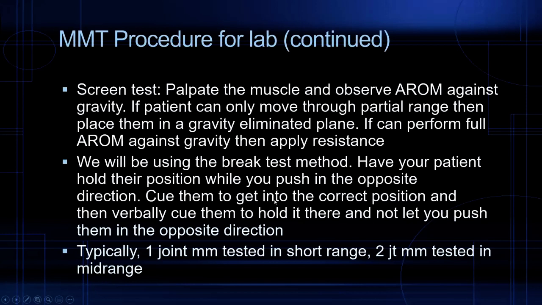You have the patient hold their position and you push in the opposite direction. You cue them to get into the correct position, and then you cue them to hold it there and not let you push them in the opposite direction. Okay. And I think I already said this, typically one joint muscles are tested in a short range, yes, and two joint muscles are tested in mid-range, okay?